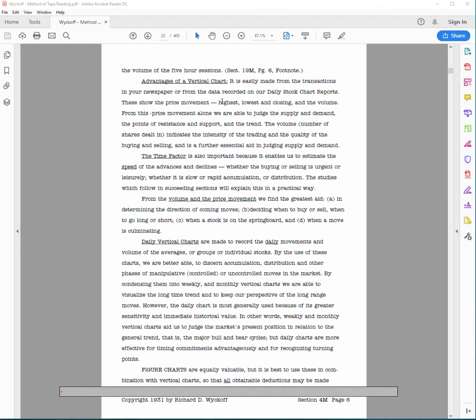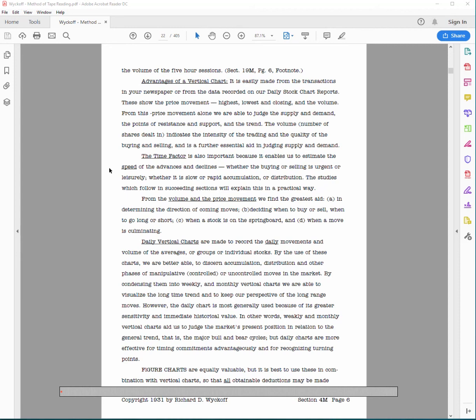So when you use a vertical chart, or bar chart, use the high-low close and the volume. From the price movement, meaning the high-low close, we are able to judge the supply and demand, the points of resistance and support, and the trend. The volume indicates the intensity of the trading. The time factor is also important because it enables us to estimate the speed of the advances and declines.